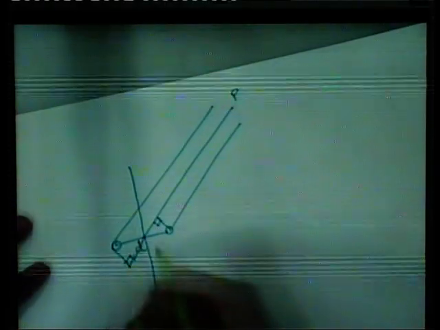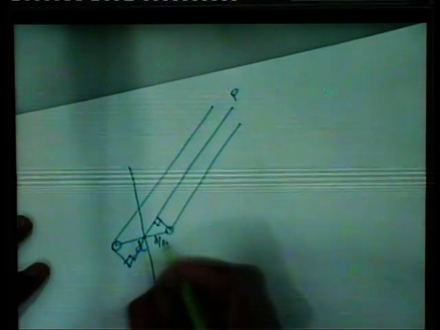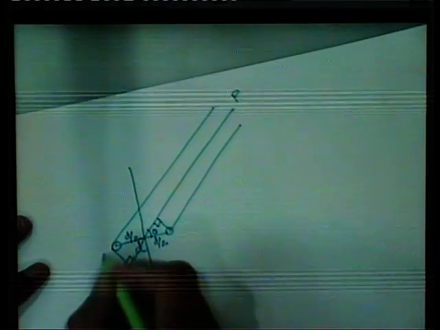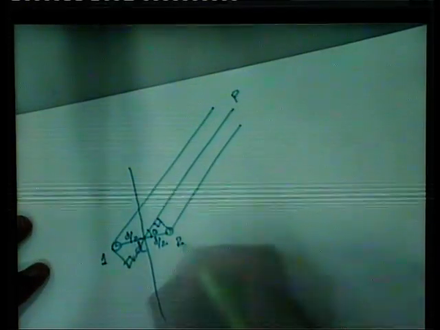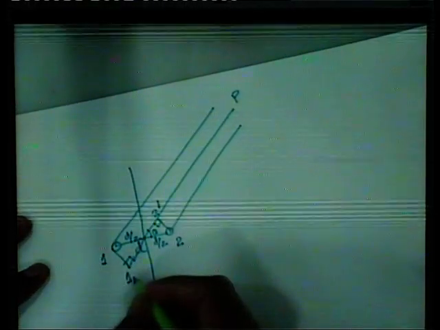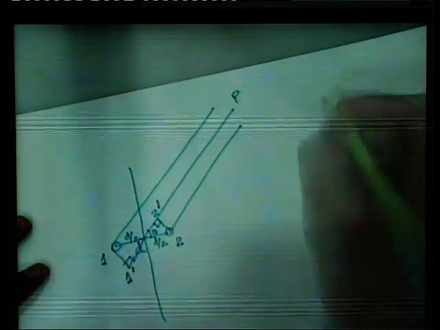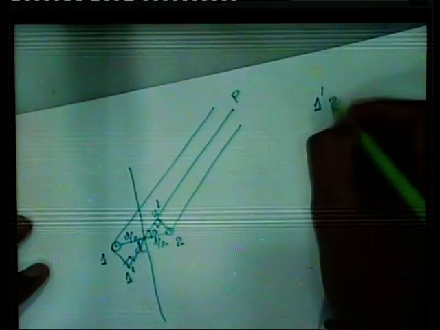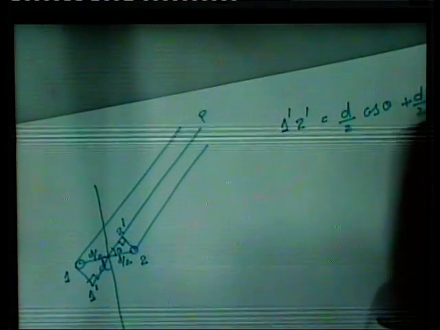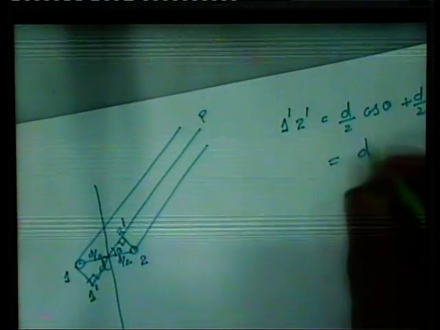So this distance is d, this will be d by 2, this will also be d by 2. This angle is theta. This is your 1, this is your 2, this is your 2 dash, this is your 1 dash. So the path difference is 1 dash 2 dash, equal to d by 2 cos theta plus d by 2 cos theta, which means d cos theta.